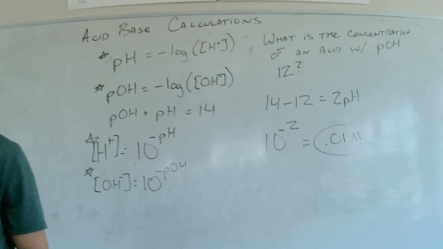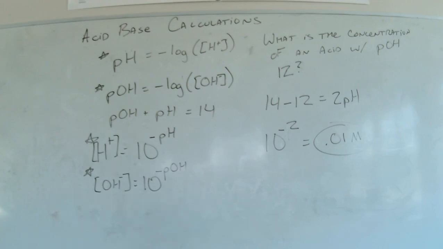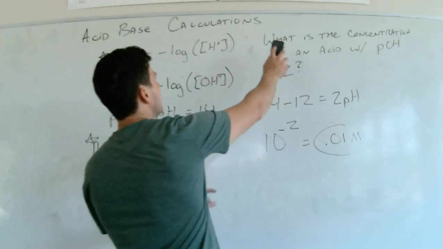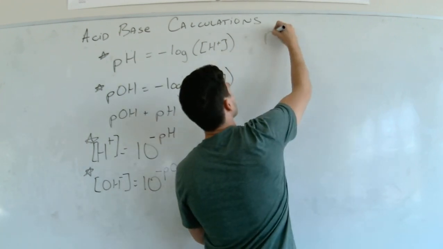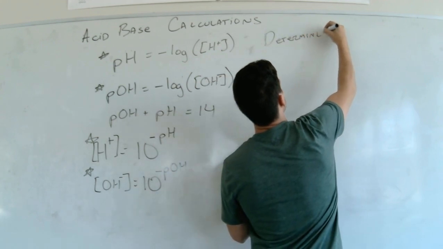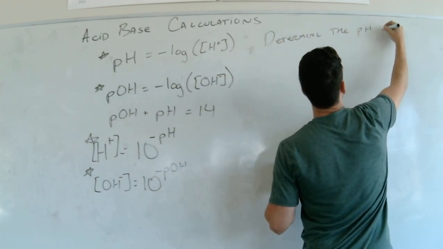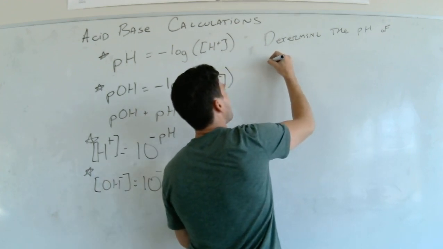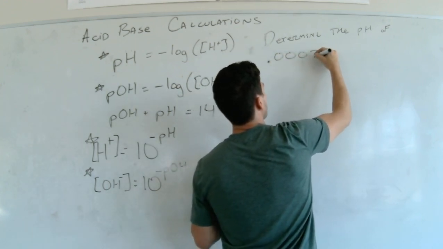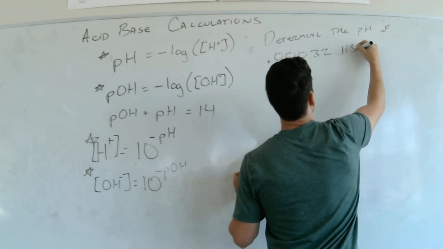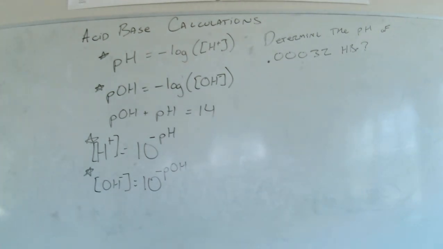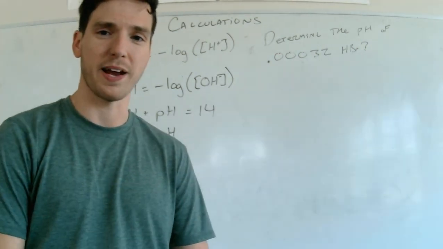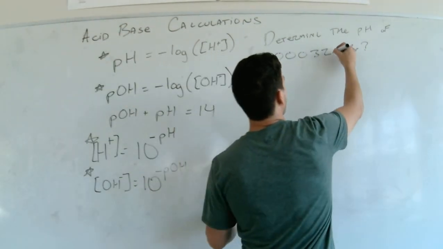All right. Let's go ahead and do another. Determine the pH of, let's go with 0.00032 molar HBr.